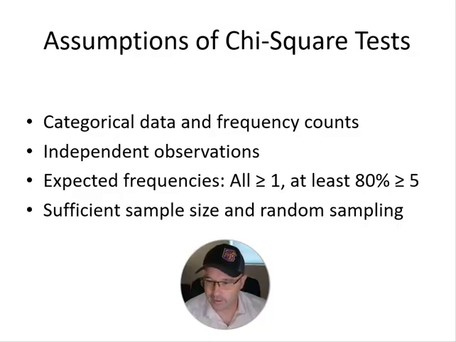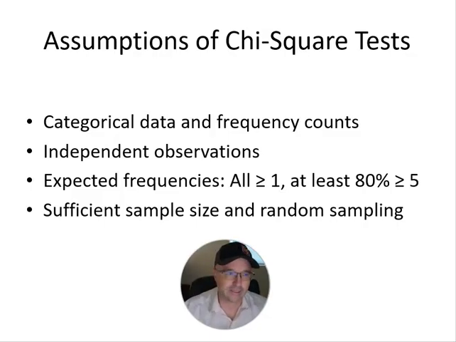The other interesting thing is that frequencies need to be 1 or greater, which makes sense, right? You're not going to have a frequency of less than 1. And then 80% of your frequencies need to be greater than or equal to 5.